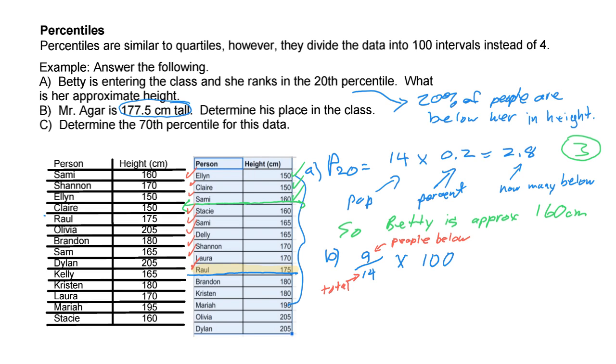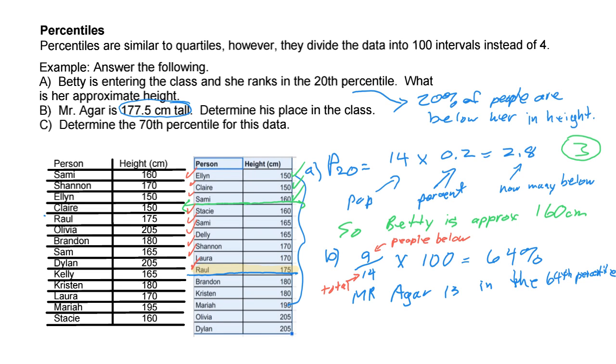So basically we have 9 over 14, which is 0.642, which is approximately 64%. So Mr. Agar is in the 64th percentile. And we're done.